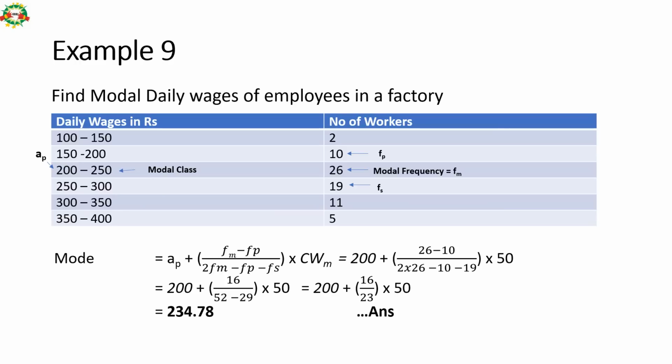The frequency of the pre-modal class is 10, and the frequency of the post-modal class is 19. If you put all these figures into the formula which we saw on the last slide and calculate, the value 234.78 is the modal daily wage of these employees working in the factory.